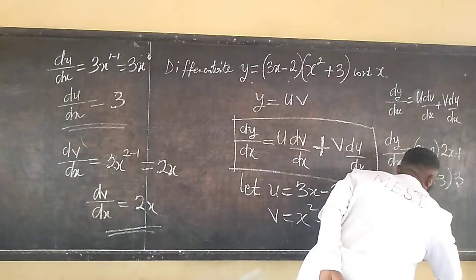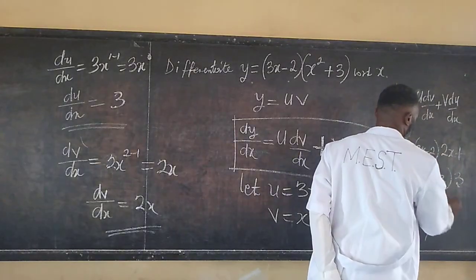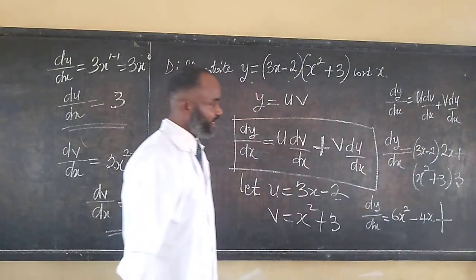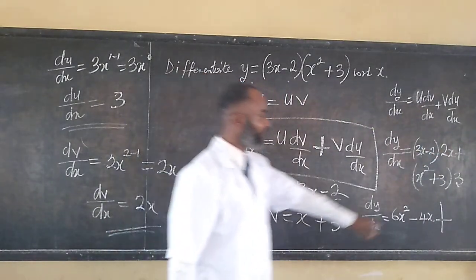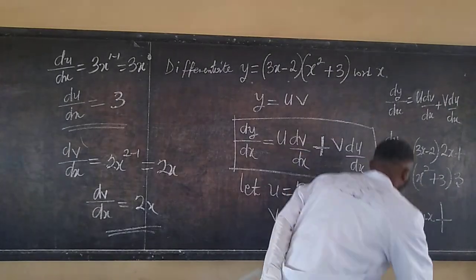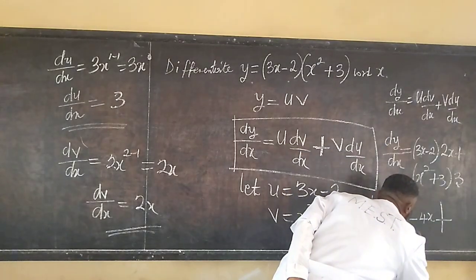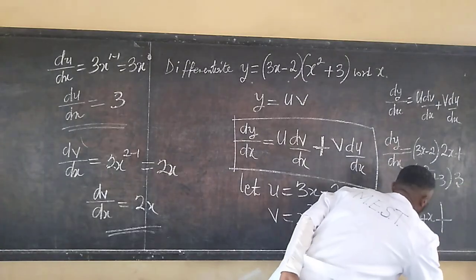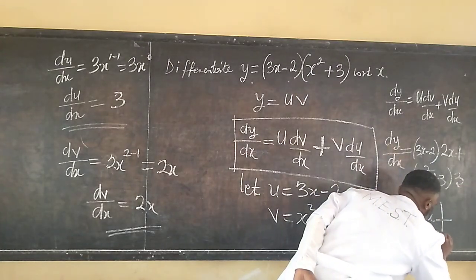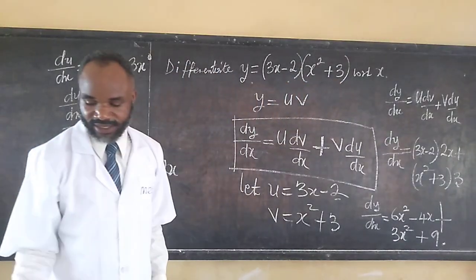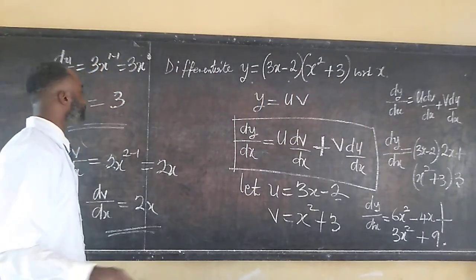We are done with this. We put a big plus sign in it. The next thing is we use 3. 3 times x squared gives 3x squared, and then 3 times this is going to be plus 9. Good, so with that, we are making progress.